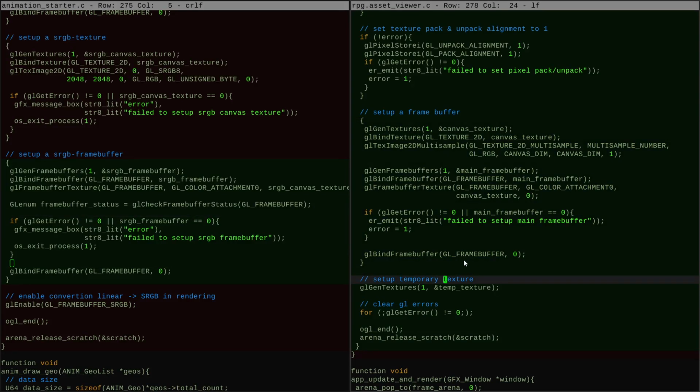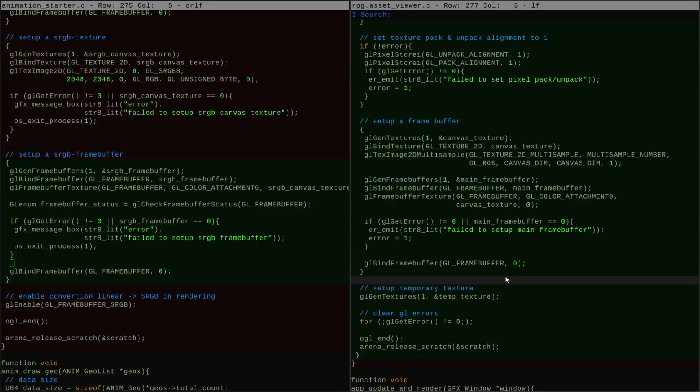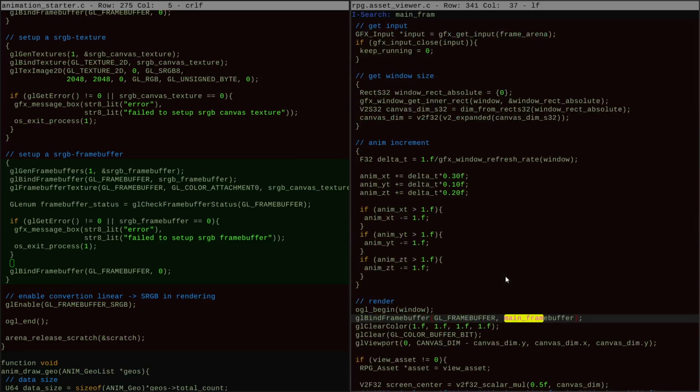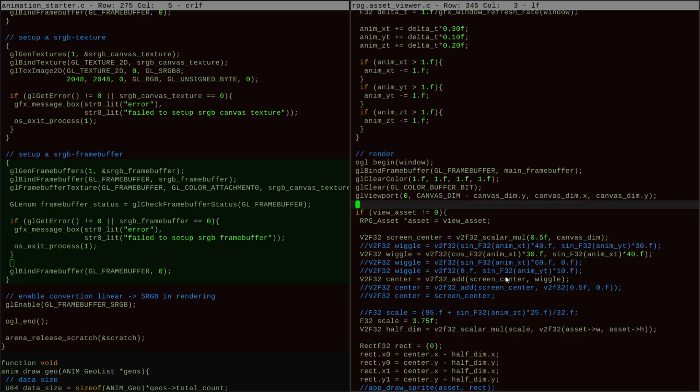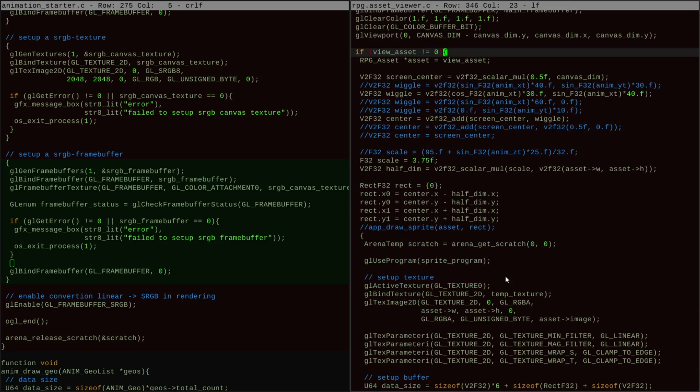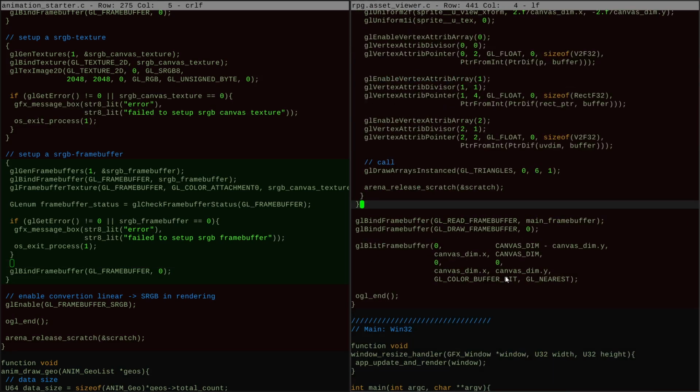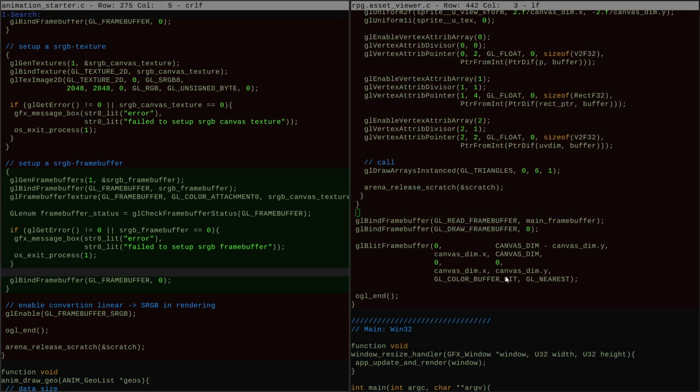We're not doing sRGB stuff, so there's just the one texture and just the one frame buffer. We render to the main frame buffer all day long like this. And then we bind.